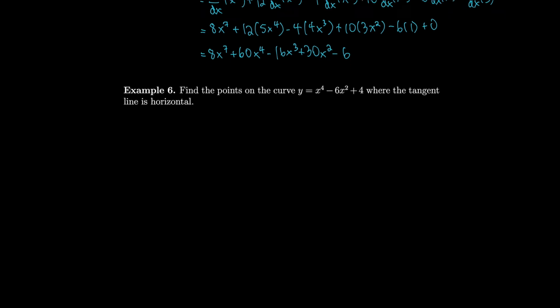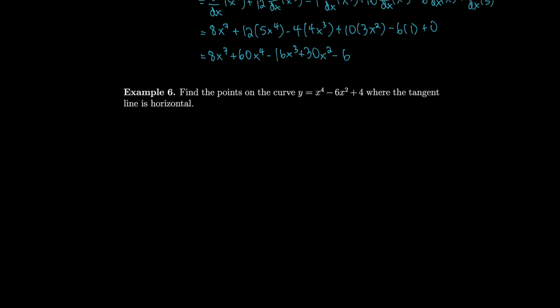Let's find the points on the curve y equals x to the 4th minus 6x squared plus 4, where the tangent line is horizontal. We want to find the slope of the tangent line, so we want to find the derivative.